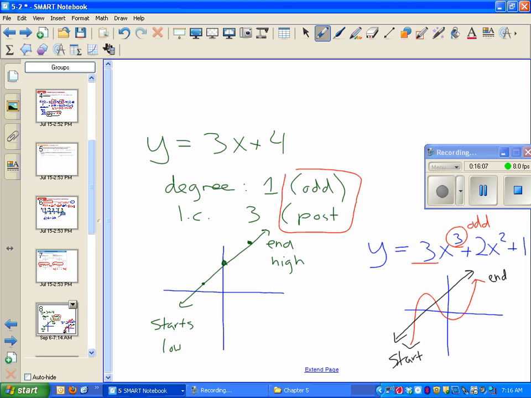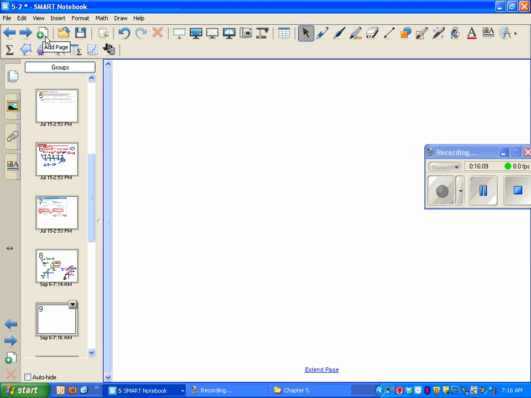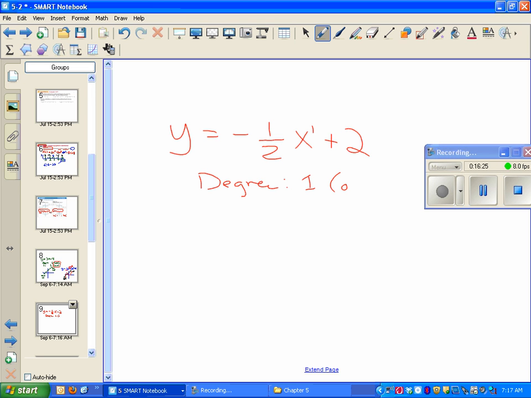Okay. If we look at a negative one, let's say we look at y equals negative 1/2 x plus 2, you know how to graph that. Again, for this one, the highest degree is 1, which is odd. And our leading coefficient is negative 1/2, which is negative.